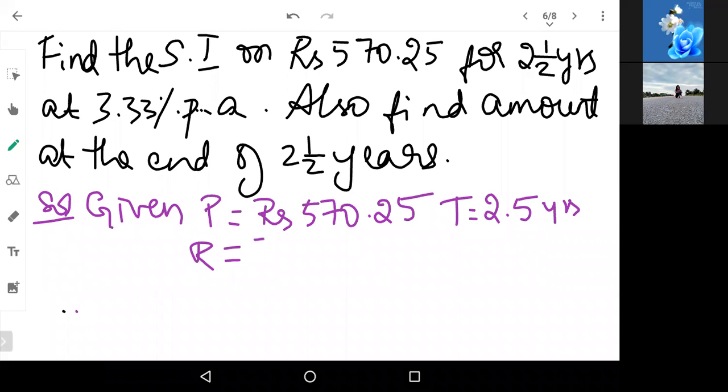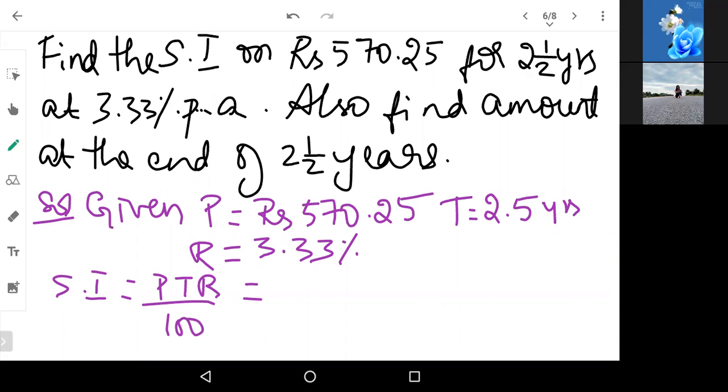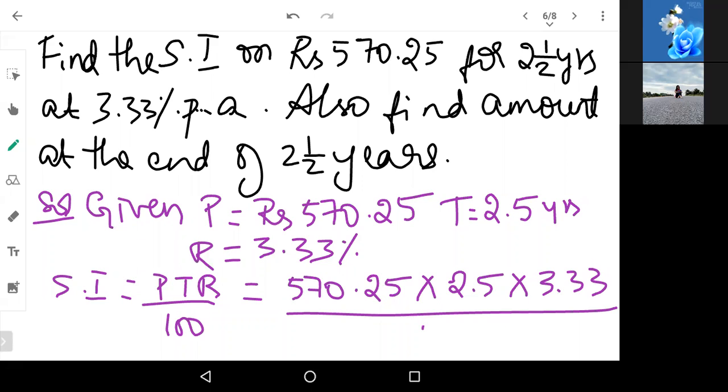Rate of interest is 3.33%. Now, since we have all the information, let us calculate the simple interest. So simple interest is PTR by 100, 570.25. Since you have decimals, be little careful. Into time is 2.5 years into rate is 3.33 divided by 100.